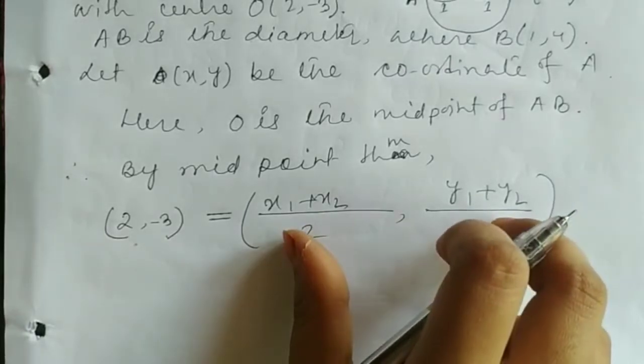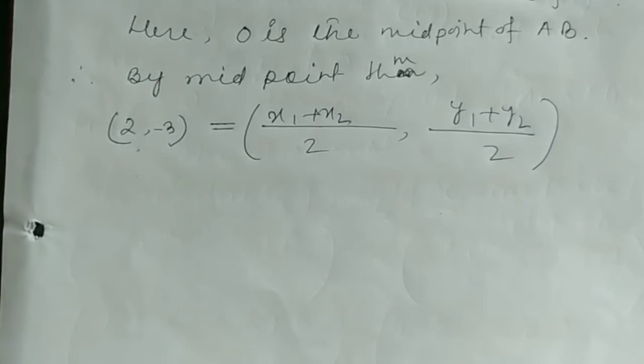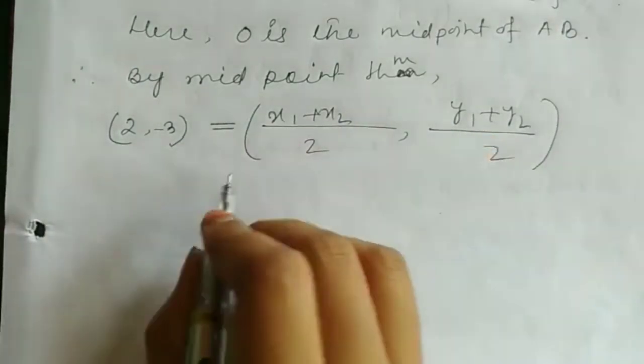So it is the midpoint formula. Our midpoint coordinate is 2, -3. Right now, the coordinate equals the coordinate.